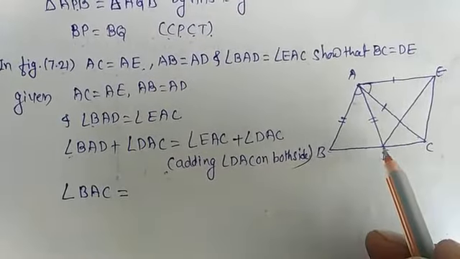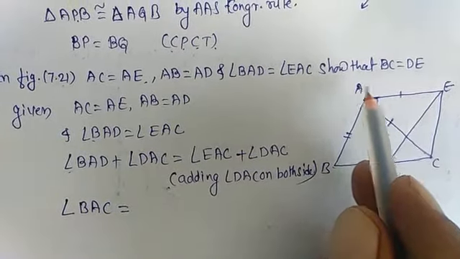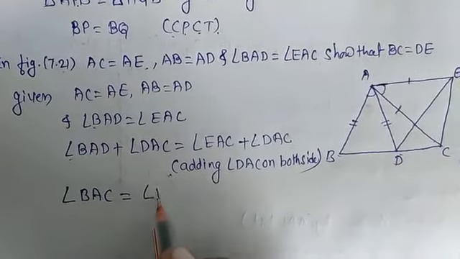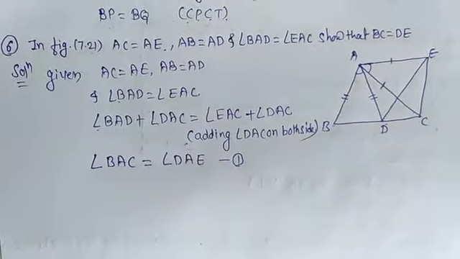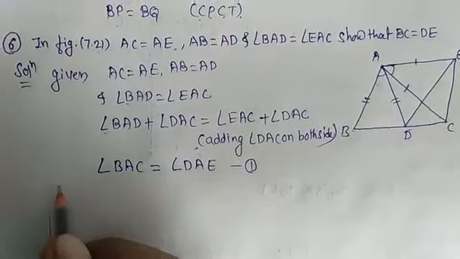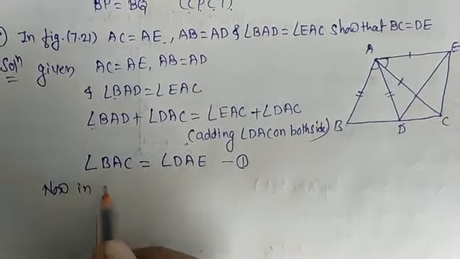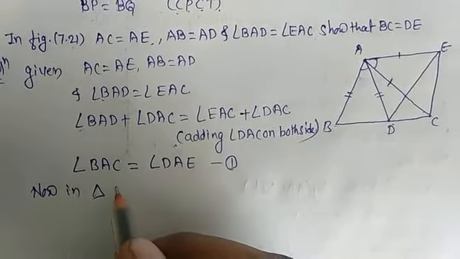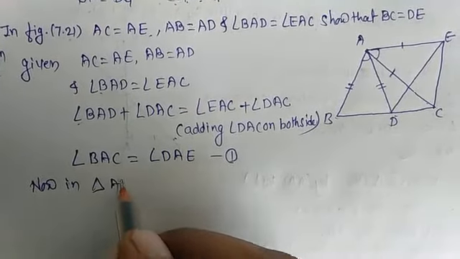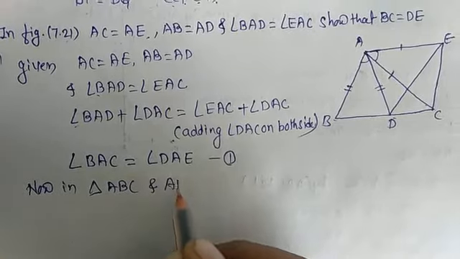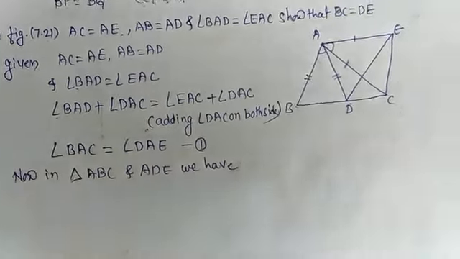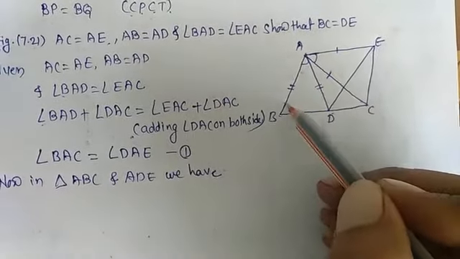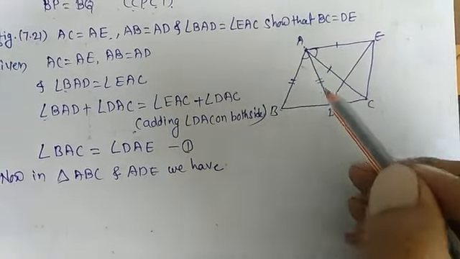is equal to angle DAE. Write it as equation number 1. Okay, now we will consider two triangles, ABC and ADE.